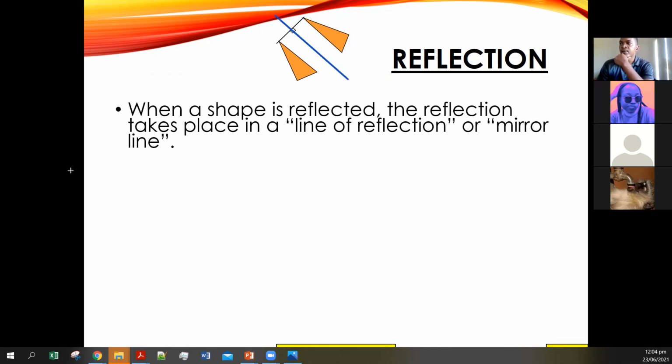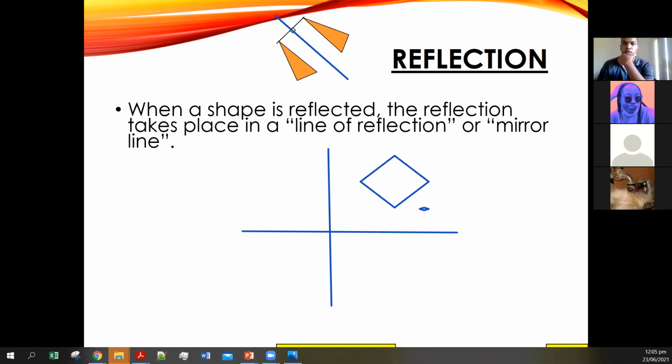Now I will stop here and write down just something like this. And I will draw a shape. Let me take away the other one. I'm stopping here because there is something very important I want to discuss with you.